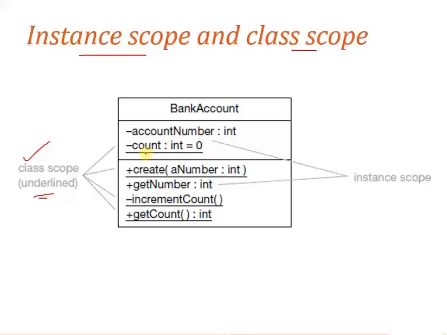If I am accessing count using one object and I change the value to 1, obviously when the next object accesses the variable count, the value 1 can be accessed. Similarly, create is a function which is accessed by all the objects. Account number and the function get number, which are not underlined, are instance scope. So for each and every object, we have a separate copy of account number and get number, etc.